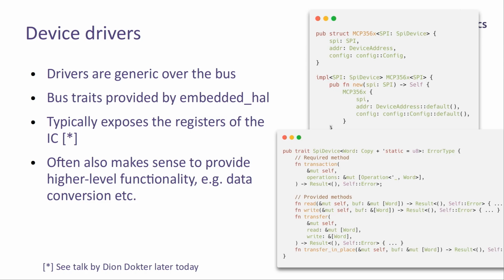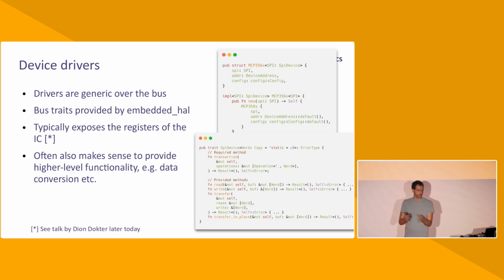But in this case, you want your driver crate to be usable in no-std environments like your microcontroller, and maybe for testing purposes hooked up directly to the compute module or other parts. So you're being generic over the actual SPI bus that you get, and the traits here, in this case the SPI device traits, are provided by the embedded HAL crate. So this is fairly standardized in the Rust ecosystem now.